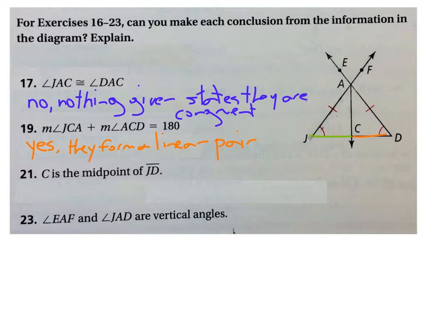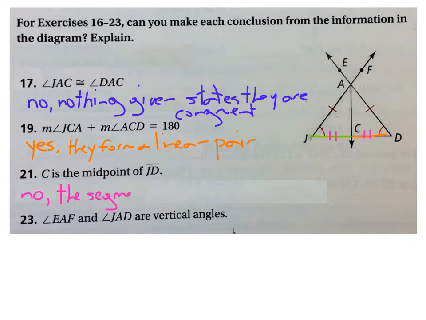If they wanted to tell us that, they would have had to give us segment marks like that, or something to indicate that they are of equal measure. And they didn't do that, so there's no reason to conclude that C is smack in the middle. Okay? So we can say no, and just say that the two segments are not marked as congruent.